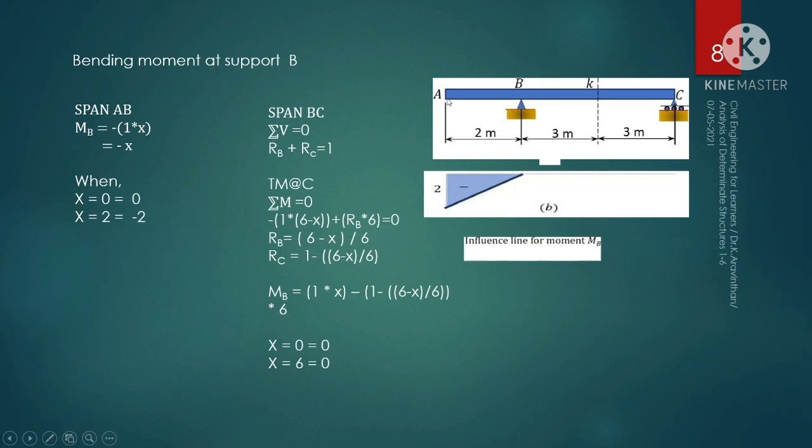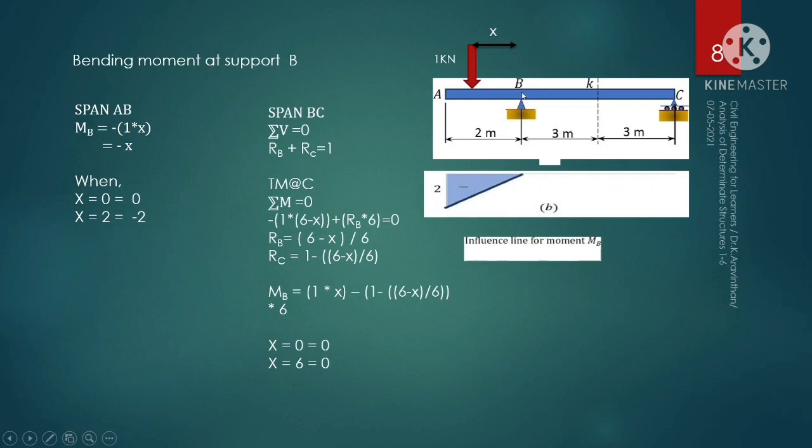If I substitute, this is 0. Why? Because this is the origin of x. So I will be substituting 0 here. Moment at B will be 0. And if I substitute 2 here, I will be getting the influence line at point A. So if I substitute 2, I will get minus 2. So hence 0 and minus 2.